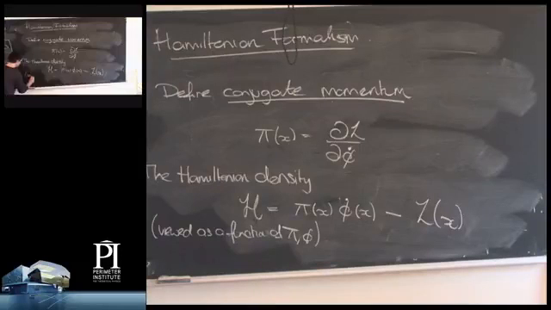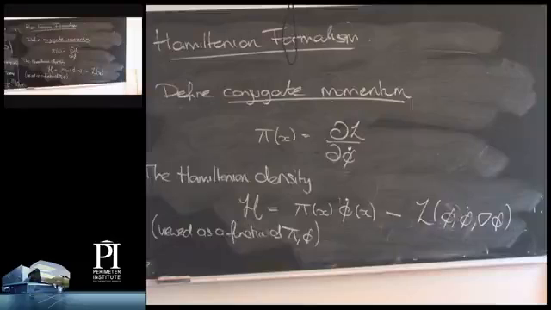So let me just say viewed as a function of time. The Lagrangian depends on phi and x. It depends on phi, phi dot, and grad phi, but they're, of course, all functions of x.